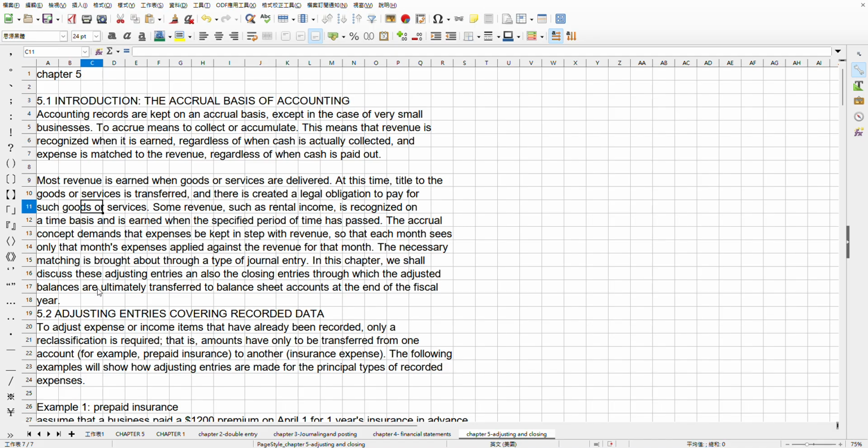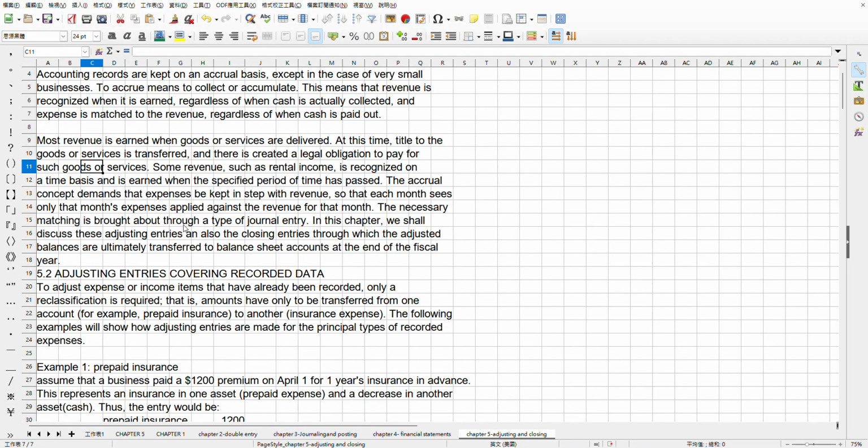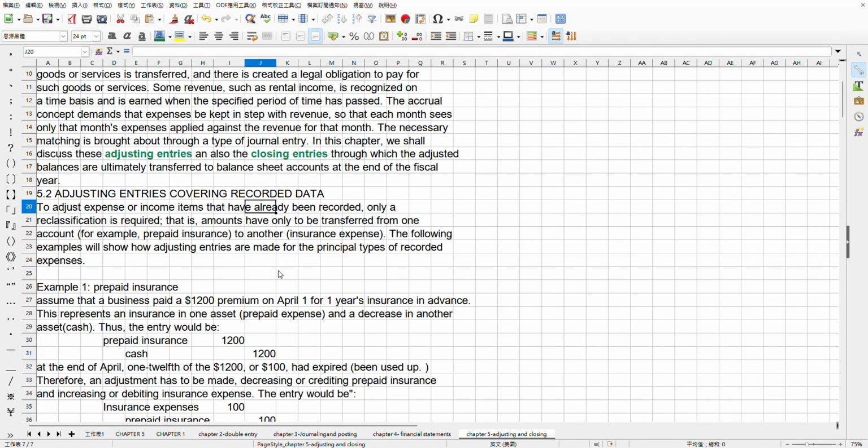In this chapter, we shall discuss the adjusting entry, as well as closing entries, through which the adjusted balances are transferred to balance sheet accounts at the end of the fiscal year.